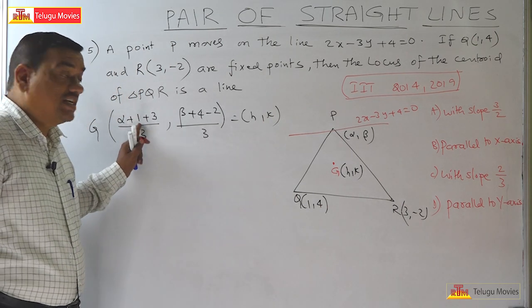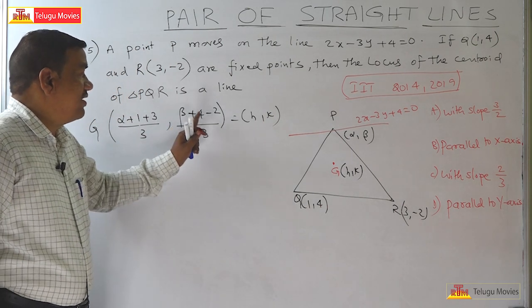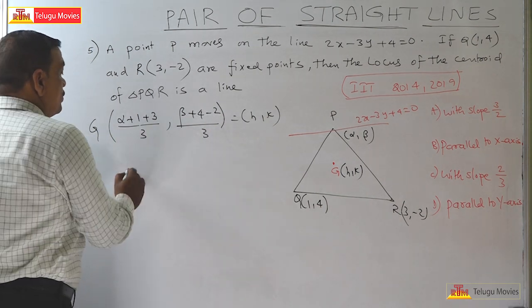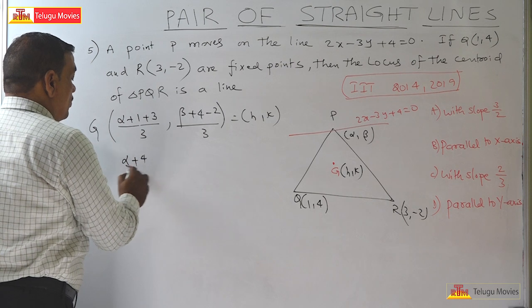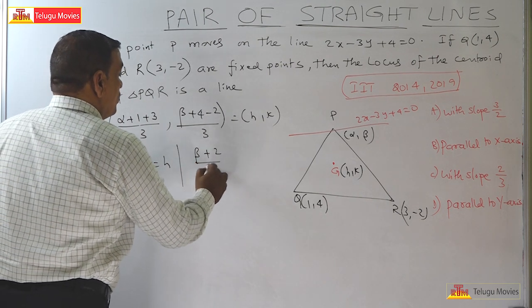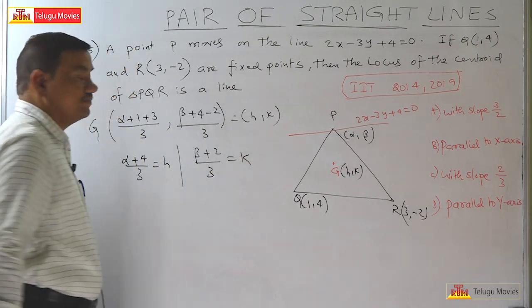So alpha plus 4 by 3 is equal to h, and beta plus 2 by 3 is equal to k.